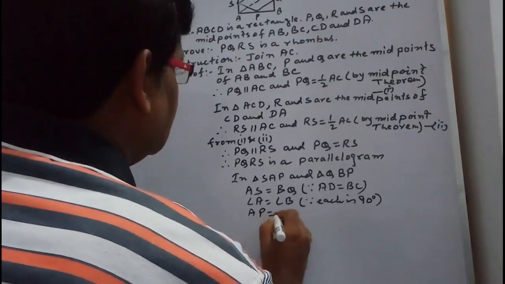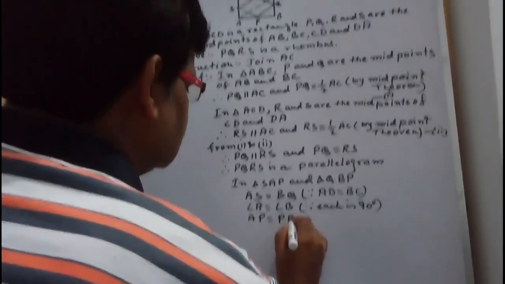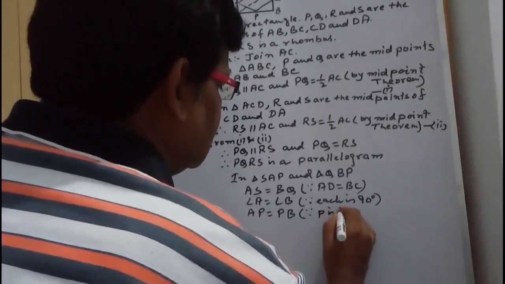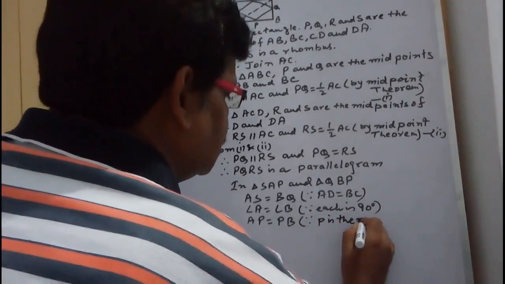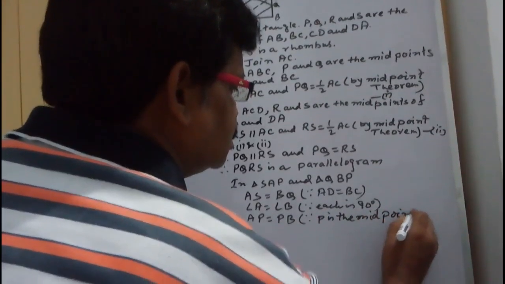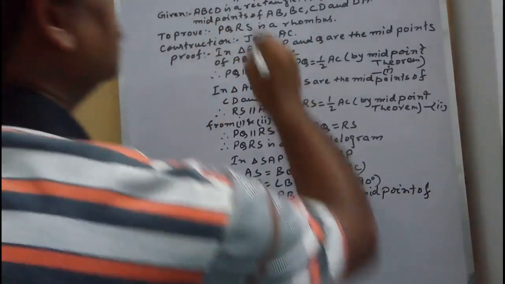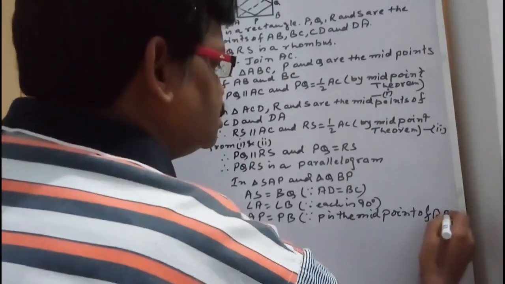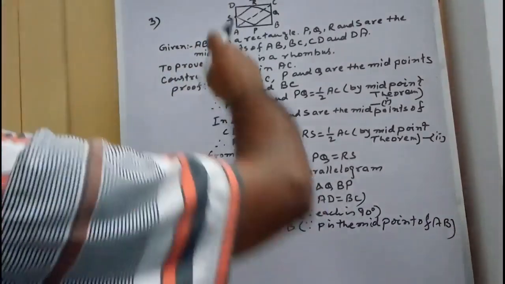AP is equal to PB, since P is the midpoint of AB.